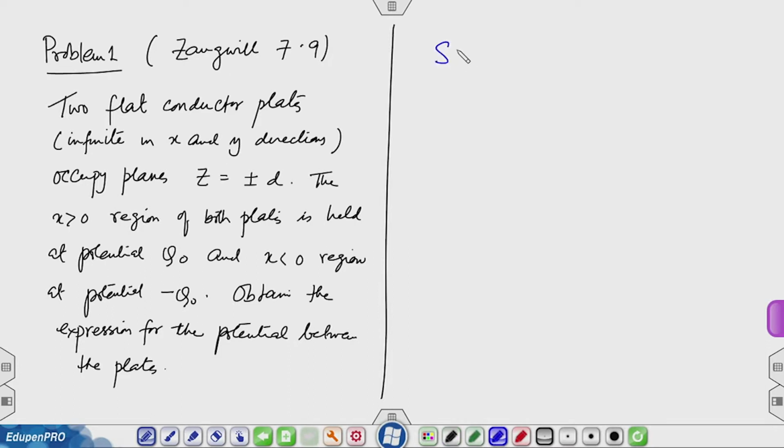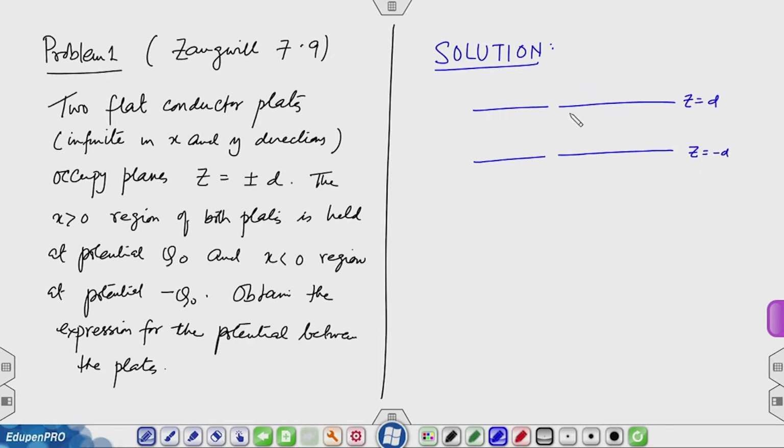So, let us see what the situation looks like. You have been given these plates at z equals d and z equals minus d.